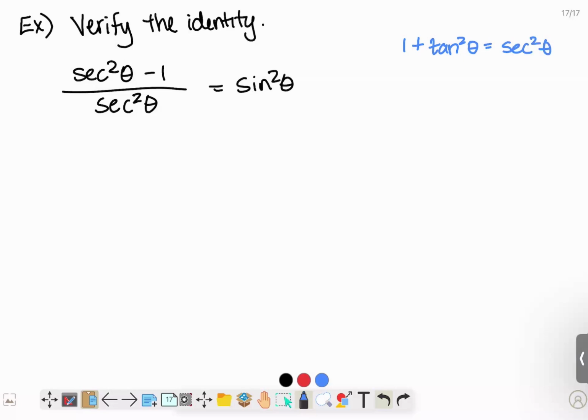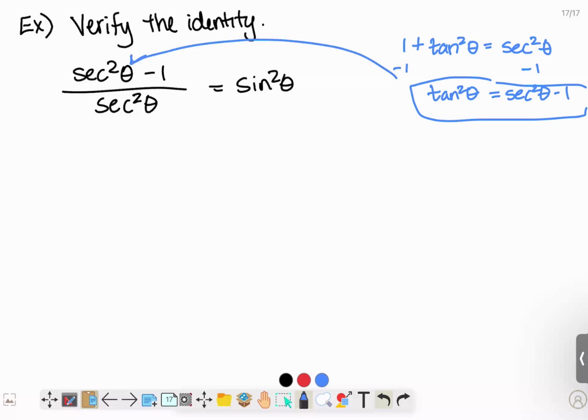If I subtract 1 from both sides of this equation, then I get the fact that tangent squared equals secant squared minus 1. So I'm using this identity, and I'm just going to replace secant squared minus 1 right here with tangent squared. Just putting a little note in here about what I'm doing.